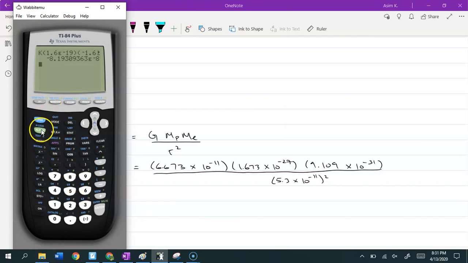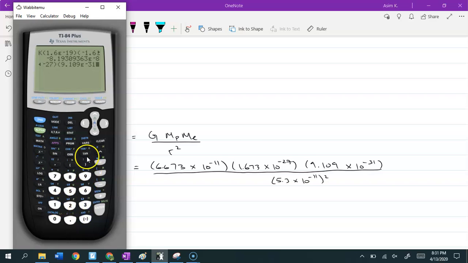So here is, just really quickly to make sure that everybody knows how to do this, my gravitational constant was stored under G. I'm going to multiply that by 1.673 times 10 to the power of negative 27, and that is multiplied by 9.109 times 10 to the power of negative 31.